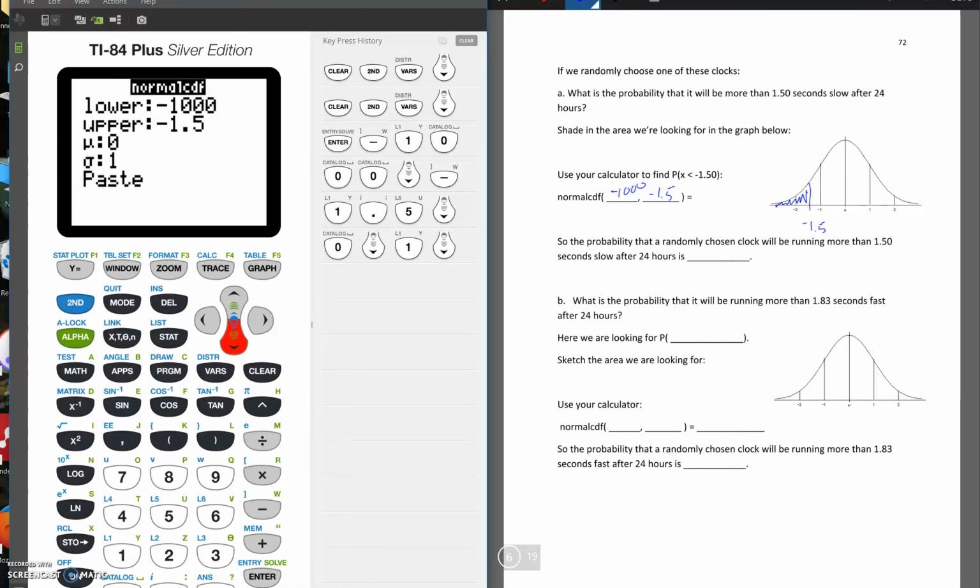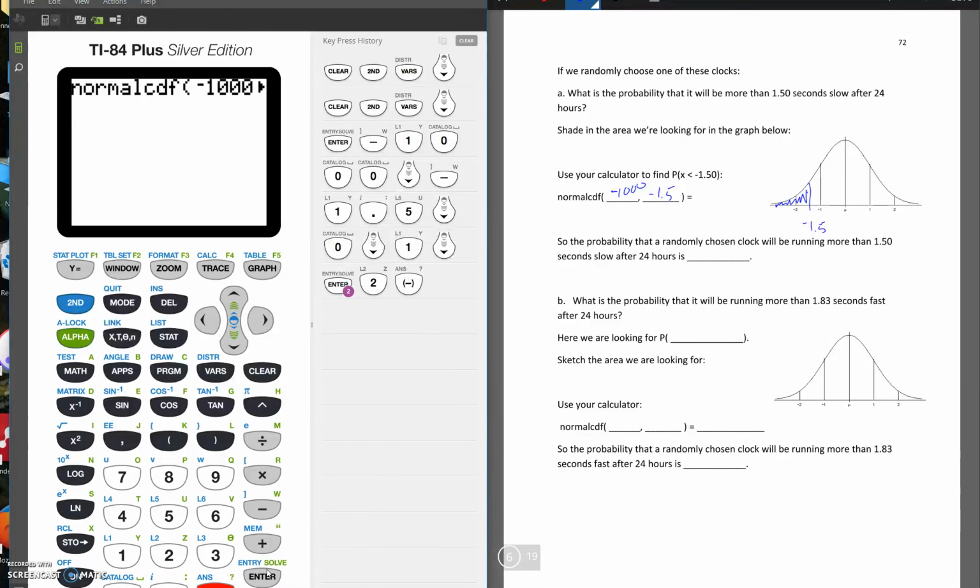Remember, our mean is 0 and our standard deviation is 1. If this menu does not come up for you and it just says normal CDF parenthesis, you'll put negative 1,000, comma. The comma is right here above the 7, negative 1.5, close the parentheses, and then hit enter. What did I put in wrong? Oops, I must have used a subtraction sign instead of a negative.